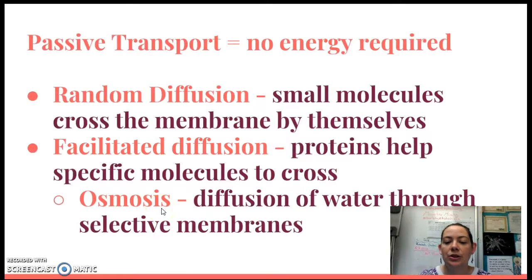Osmosis is the diffusion of water through a selective membrane. A selective membrane is something that lets water pass through, but maybe not other things like salt.